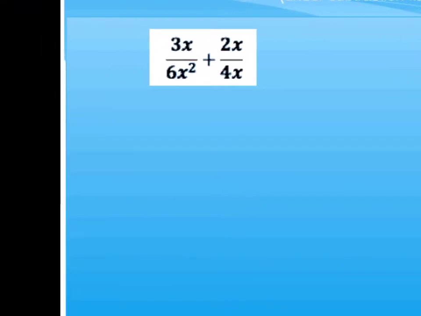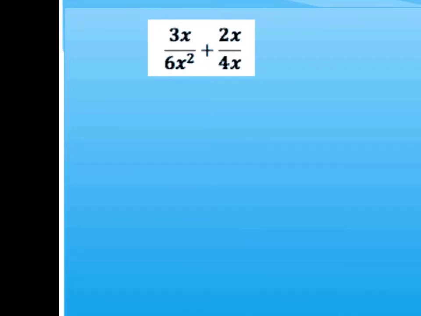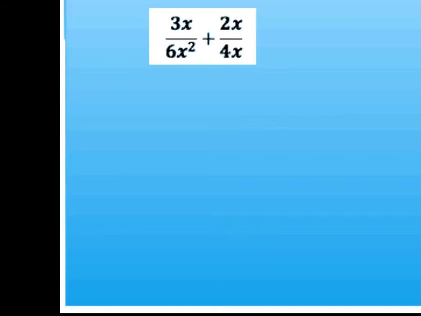We have 3x over 6x squared plus 2x over 4x. So looking at this, first things first, we need to find a least common multiple. Our least common multiple is based on our denominators.